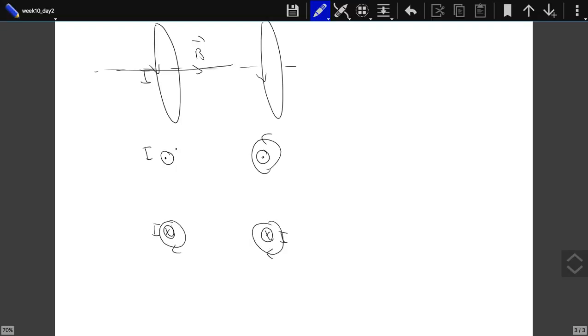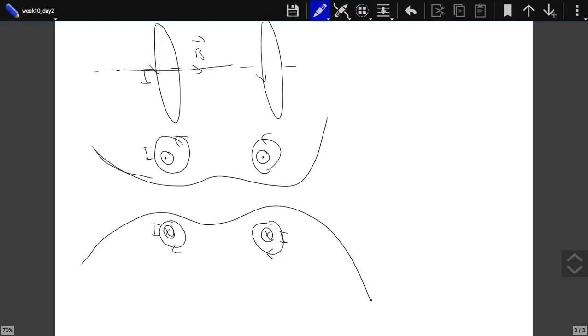As you go away from very close to the wires, they will start more or less going like this. They will just wrap both of them. Along the center, they will be just straight.